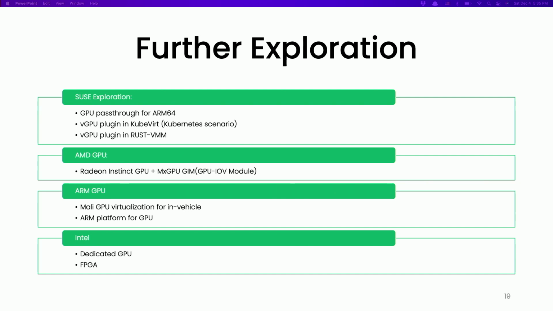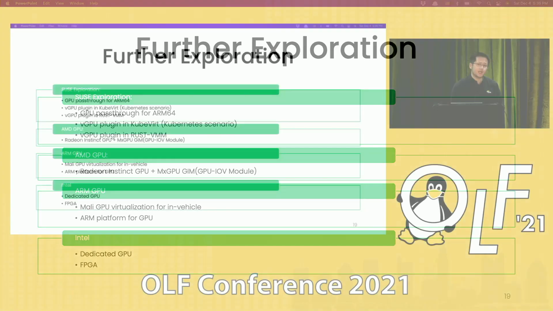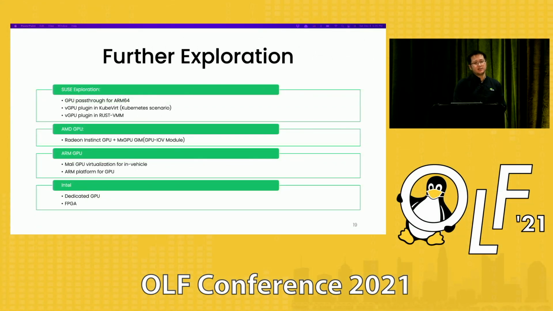The other side is the Rust-VMM world. This is more like a light VM user scenario. Thinking about edge computing, where we don't want QEMU or other heavy virtualization applications, Amazon provides Firecracker, and the Rust-VMM side also has Cloud Hypervisor.